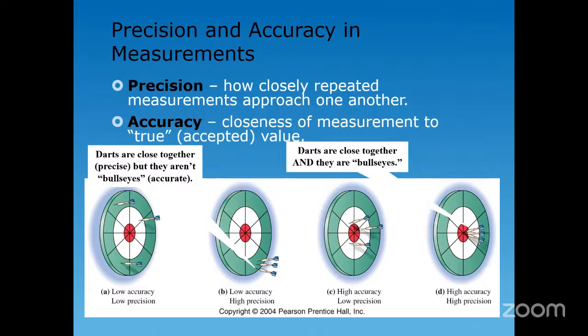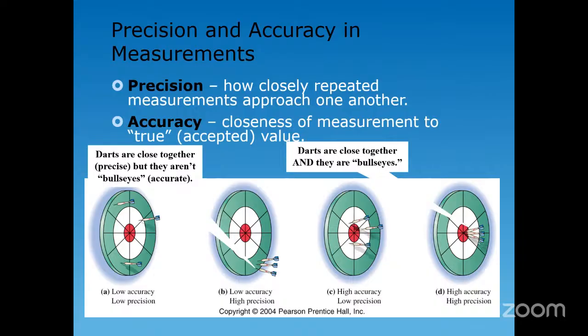The middle part where the red dot is, the exact middle, represents the true value. In the first attempt, somebody threw these 3 darts, and you see that the darts are all over the place, far from each other, and also far from the center as well. So this reflects a situation of low accuracy and low precision.